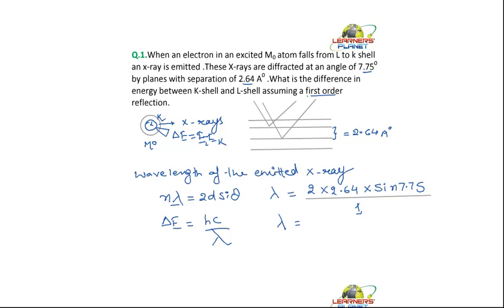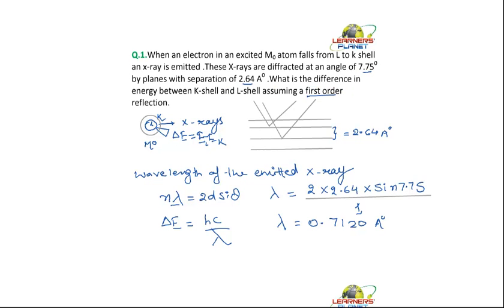Now what will be our wavelength over here? It would be 2 into 2.64 into sine 7.75, and this is equal to 0.7120, right? And this is angstrom.